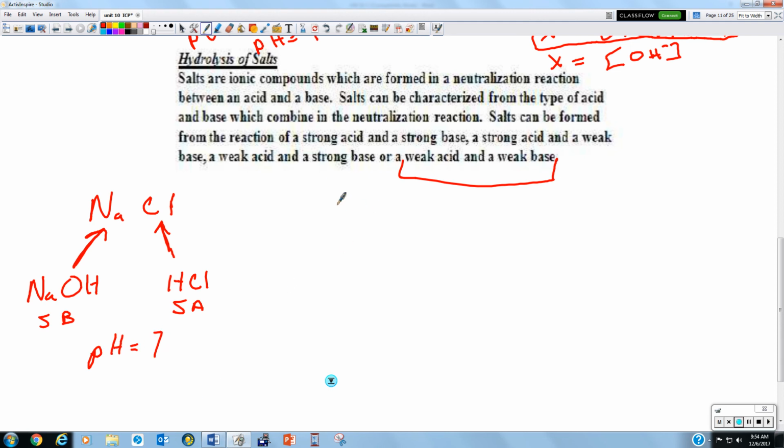All right. So let's look at a different combination. Let's look at NH4NO3. All right. So breaking this apart, this NH4 ion, what would be its parent?